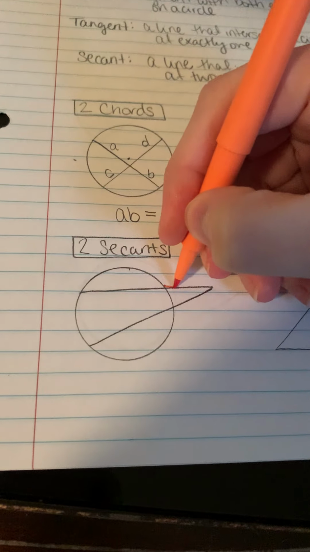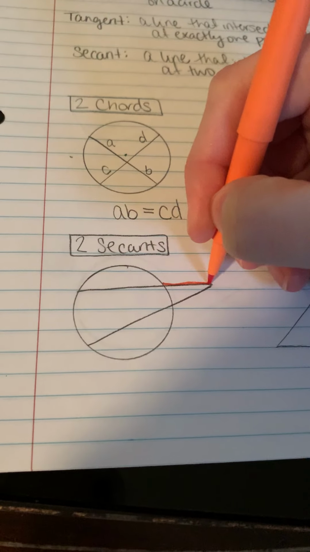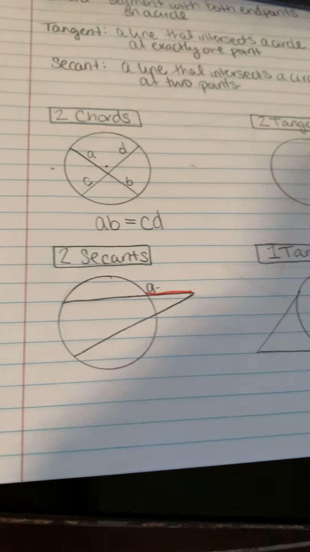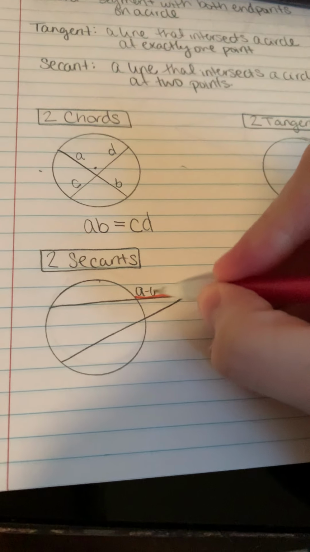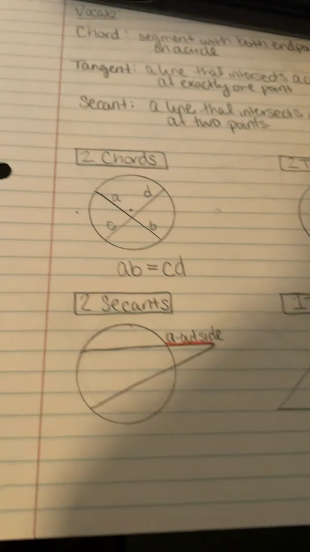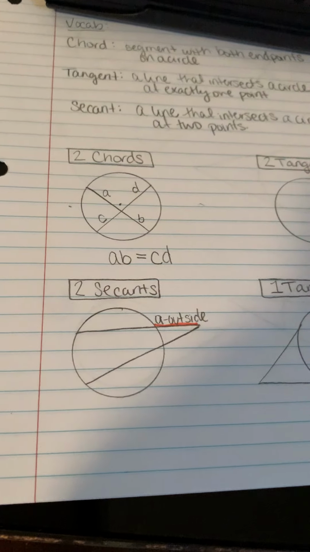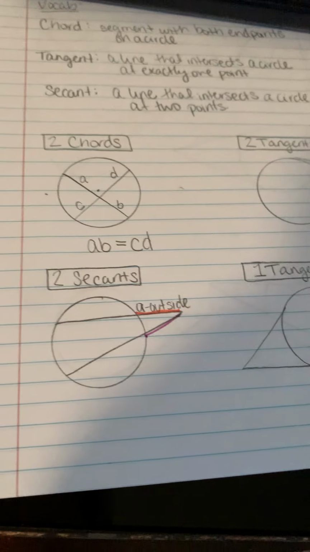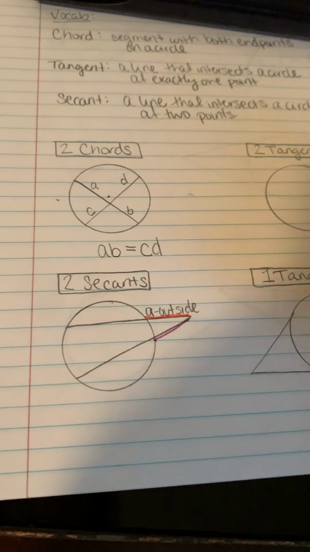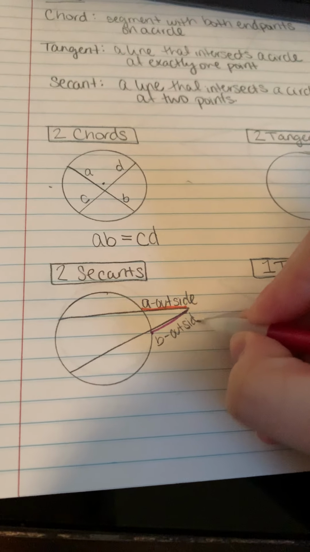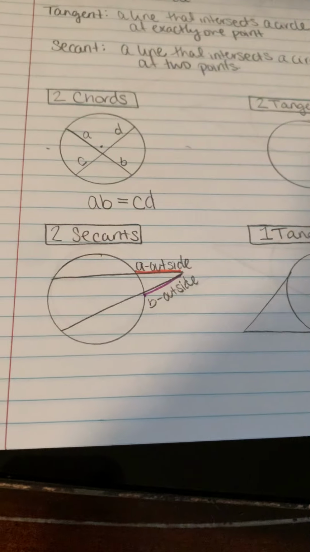Okay, so I'm going to color this top one. That's going to be our outside. I'm going to label A as our outside. And then we have this outside.